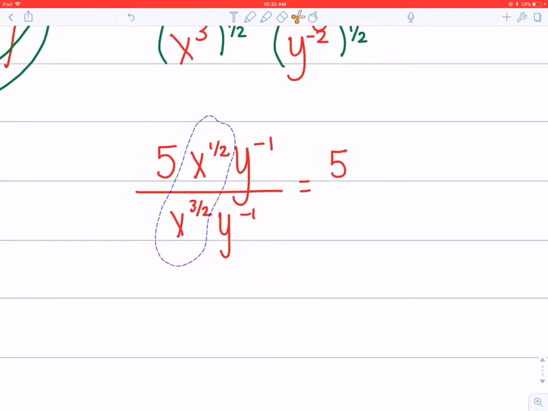So when like bases are being divided, I'm going to subtract top 1/2 minus the bottom. So top 1/2 minus 3 over 2 is going to give me x to the negative 2 over 2. Again, you subtract top minus bottom, and it stays on top.